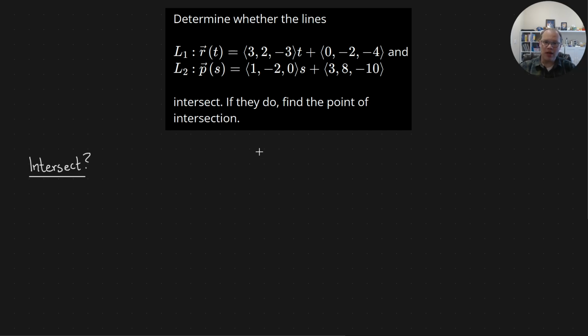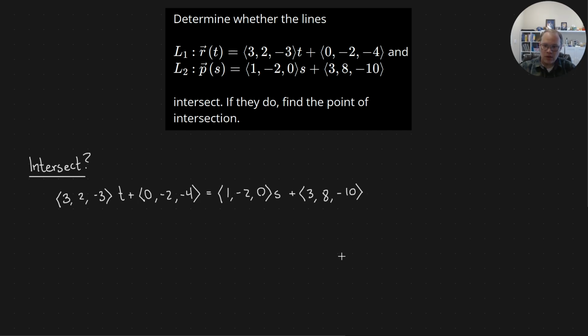If we reach the same point at the same time, then for some value of t and for some value of s, these two equations are going to be the same. So for some value of t, t times 3, 2, negative 3, plus 0, negative 2, negative 4, equals the second line for some value of s: s times 1, negative 2, 0, plus 3, 8, negative 10.